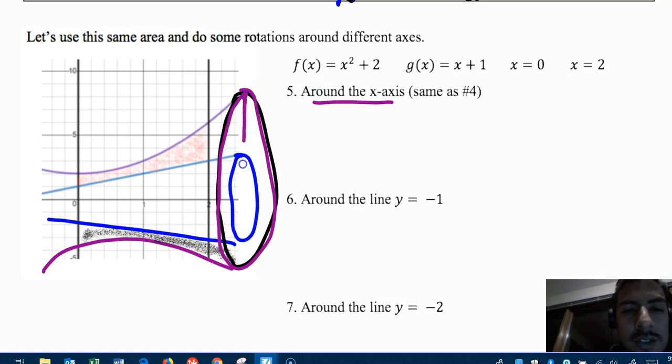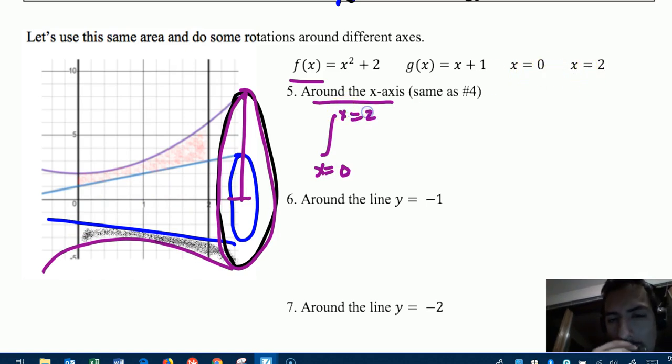And the axis of rotation is around the x-axis, so we're going to y equals 0. So we're going to have, and f of x is purple, the integral from x equals 0 to x equals 2 of, now we need a pi in front because this is going to be the area of a circle.